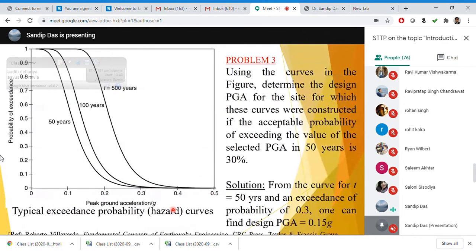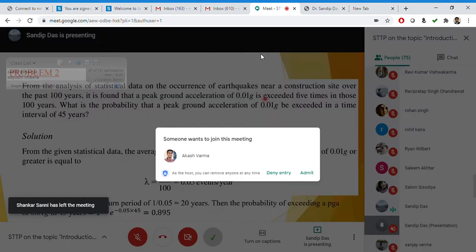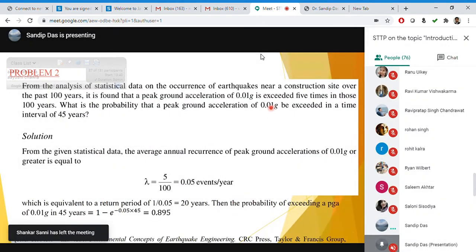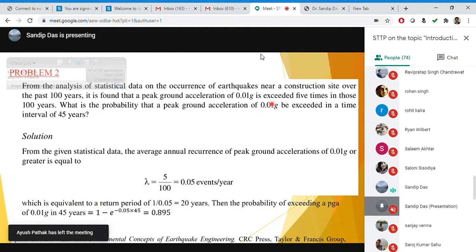So now you see that this is what we call a hazard curve. This kind of curve you can now easily generate from this. So if I tell you any particular G, you can tell me the probability of exceedance for that, and you treat time as a parameter. Let's say you fix 50 years. Now you can take a wide range for this G value.